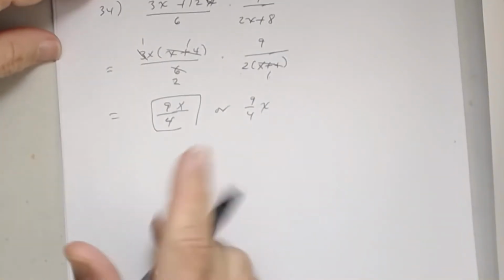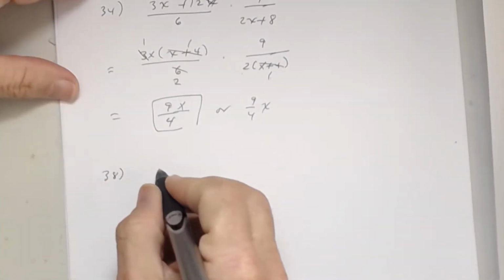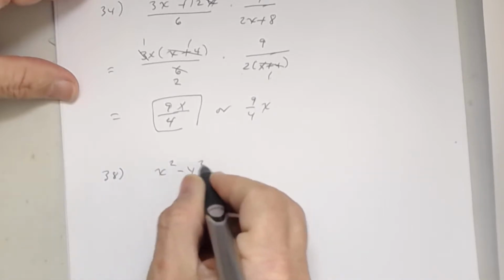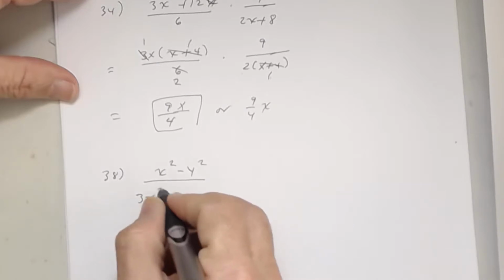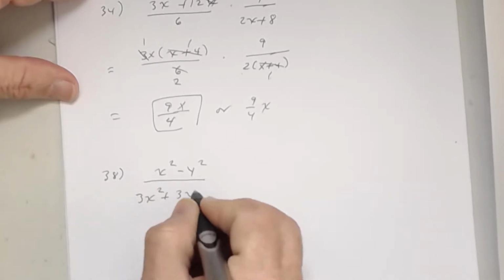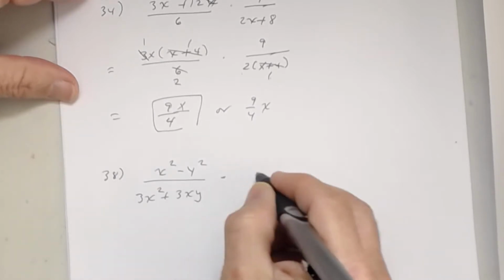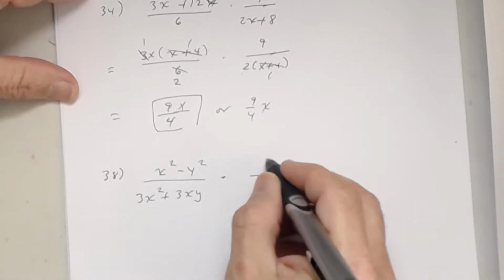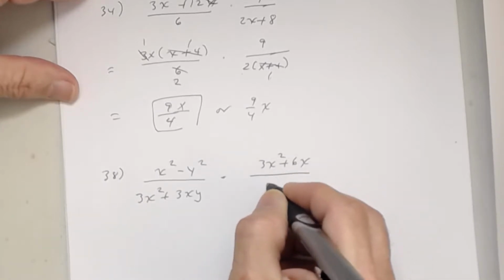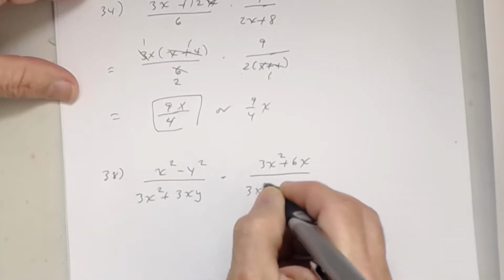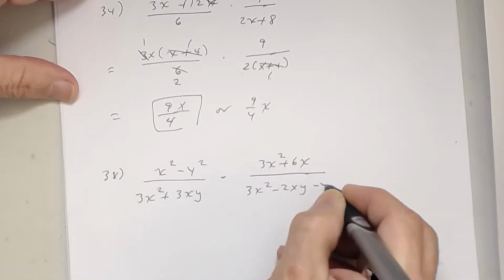38. You have x squared minus y squared divided by 3x squared plus 3xy, times, over here, you have 3x squared plus 6x divided by 3x squared minus 2xy minus y squared.